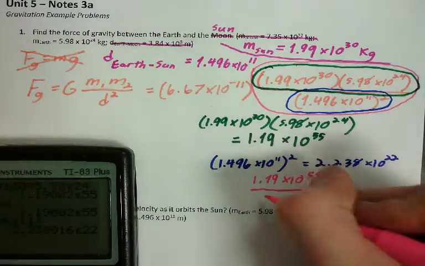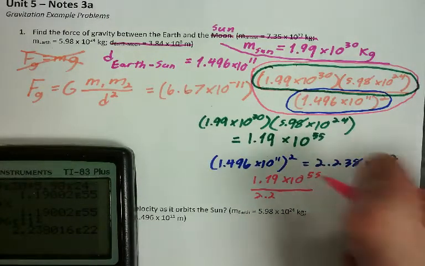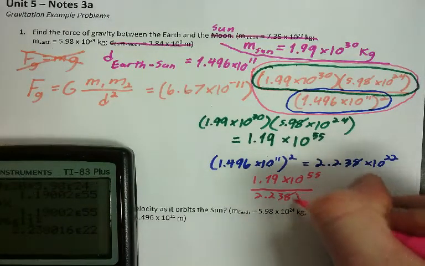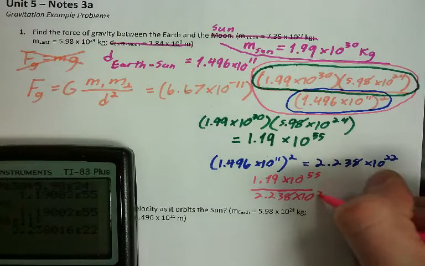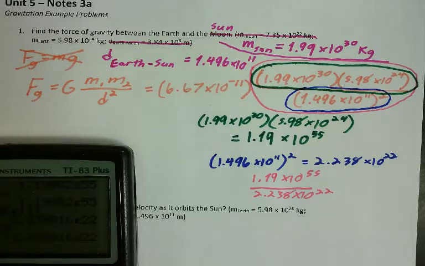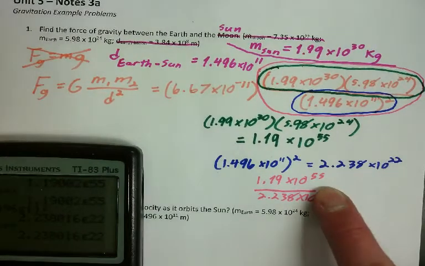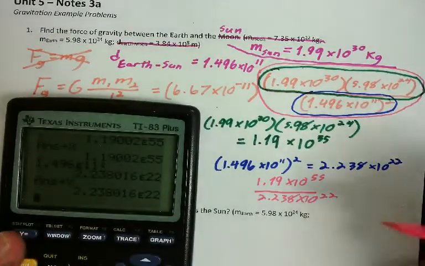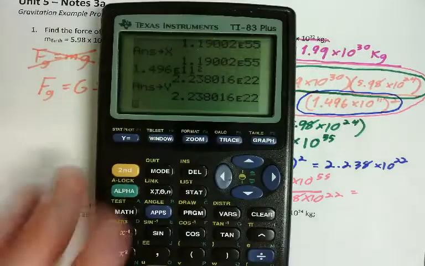When I squared it, I got this, 2.238 times 10 to the 22nd. Now, I told you I've been storing these numbers in my calculator. That's going to make this next part easier. I don't have to type out the whole thing. I'm just going to use the numbers that are already in my calculator.